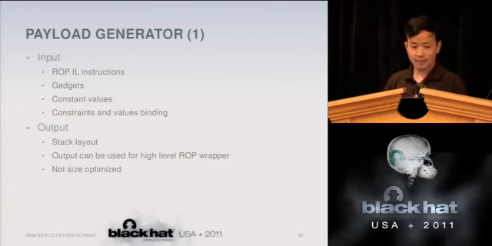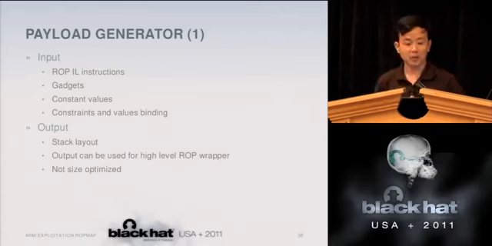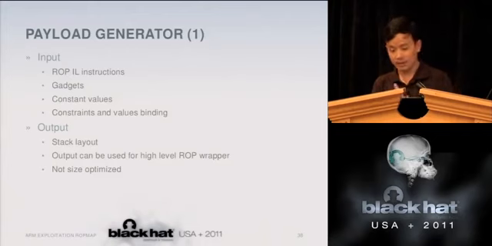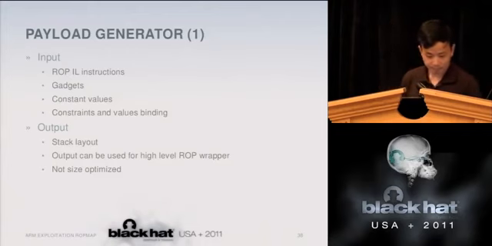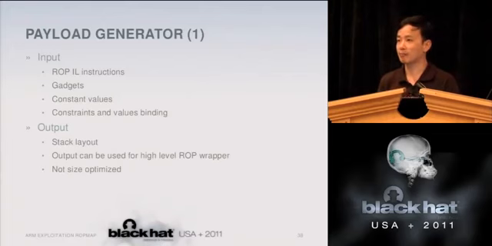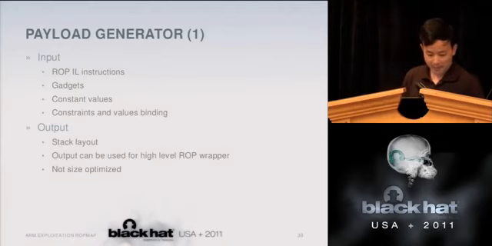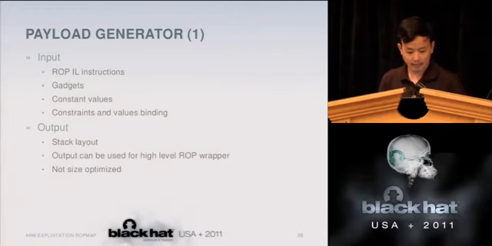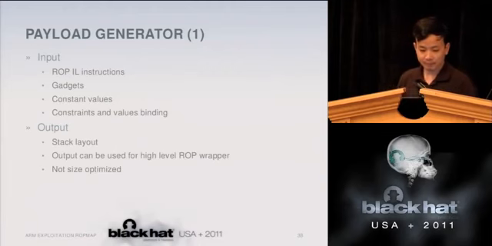It can be a constant value on the stack with some constraint and value binding, which I will explain later. Then we create the output, the final payload you can use directly in the exploit. It is noted that our payload generator is automatic but not optimized.